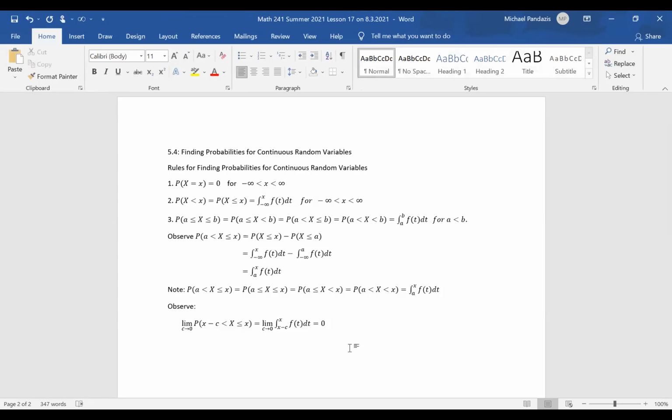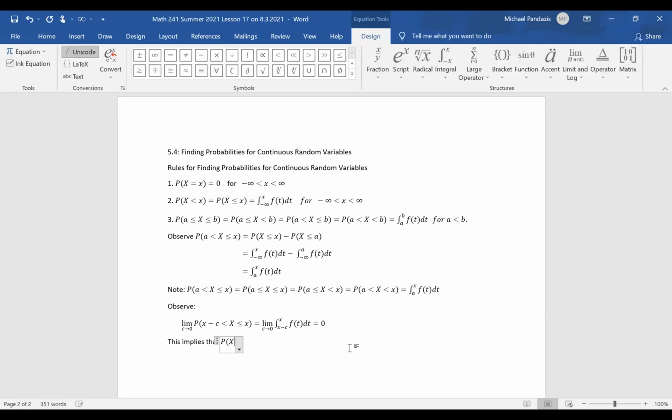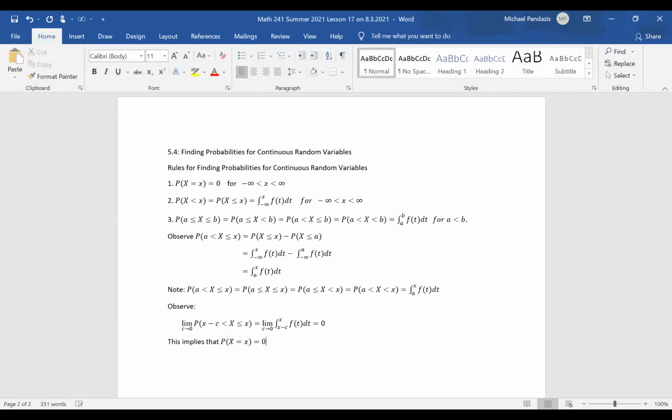And so this implies that the probability that capital X is equal to little x has to be 0. Because if you're taking the limit as c approaches 0 here, the minus c is approaching minus 0, so the only thing this interval contains is little x.